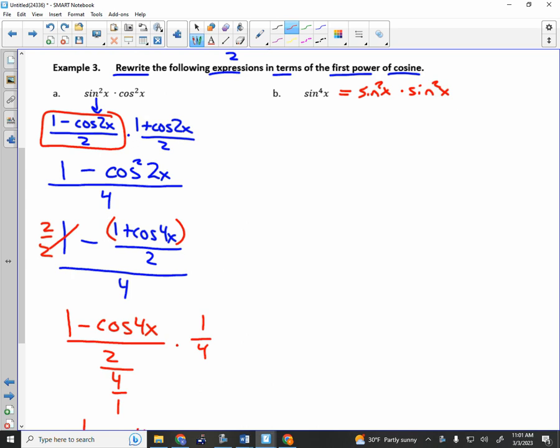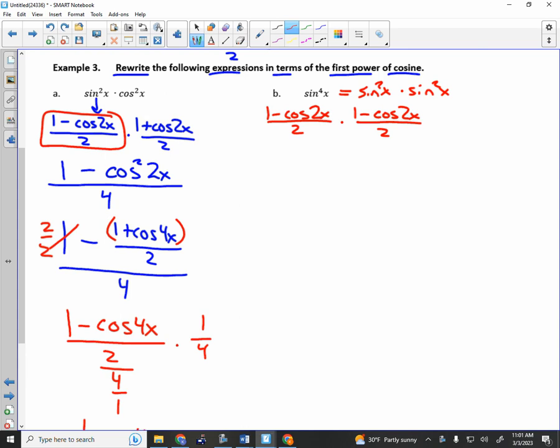So now I can take that and say 1 minus cosine of 2x over 2 times 1 minus cosine of 2x over 2. So these are not conjugates, are they? So the middle's not going to disappear on us this time.